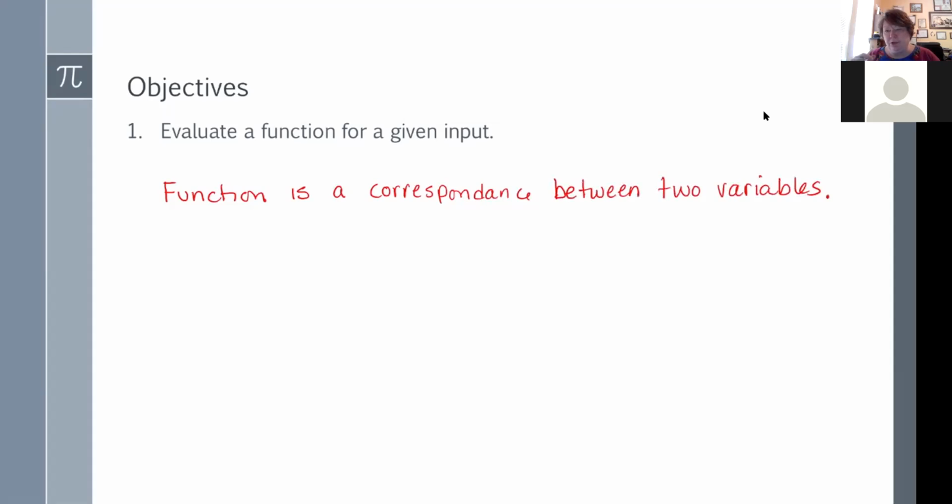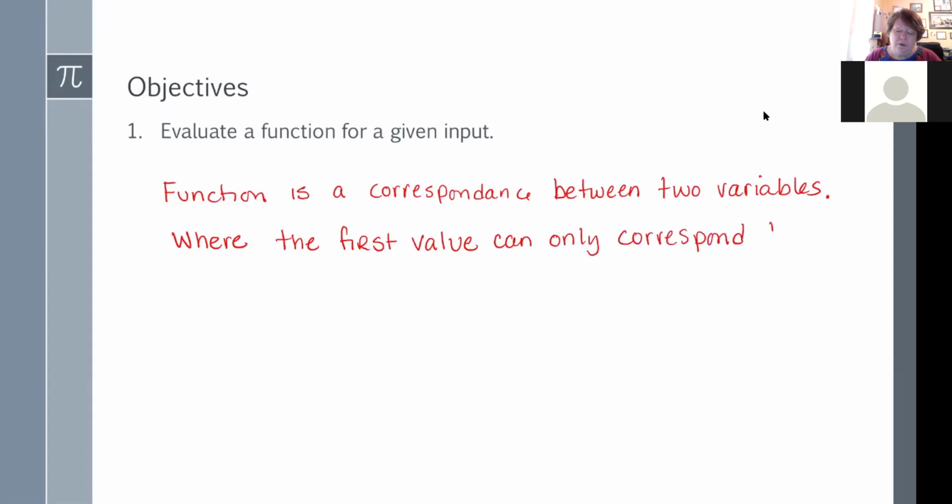Now, it's a special type of correspondence, where the first value can only correspond to one second value.